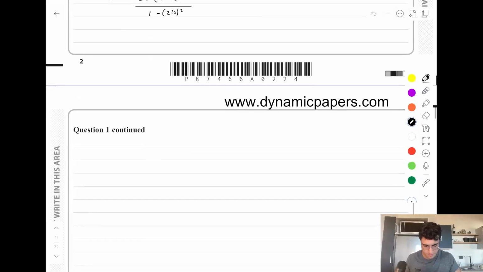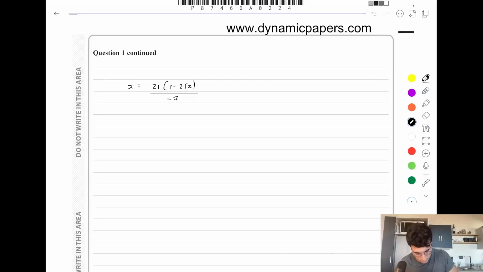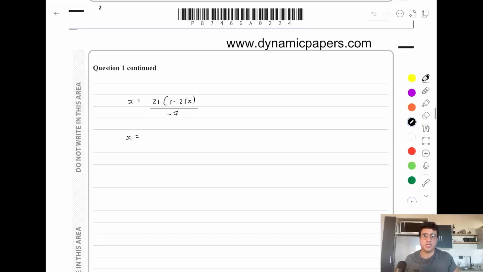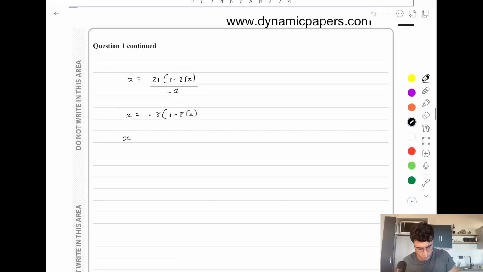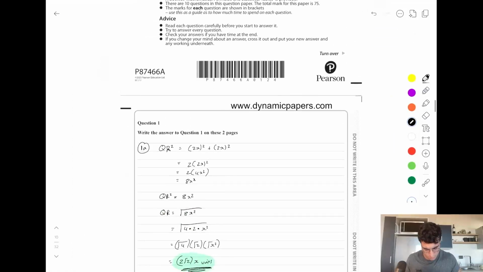So I can therefore say that x is going to equal 21 times 1 minus 2 root 2 over negative 7. Which means from here that x is going to equal negative 3 times 1 minus 2 root 2. Which means that x is going to equal negative 3 plus 6 root 2. Or actually not the units, we don't need that, I don't think.